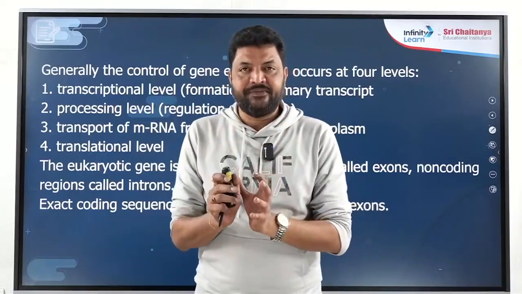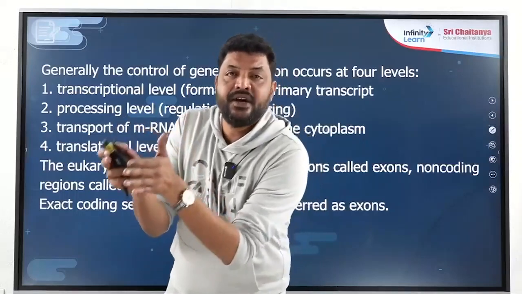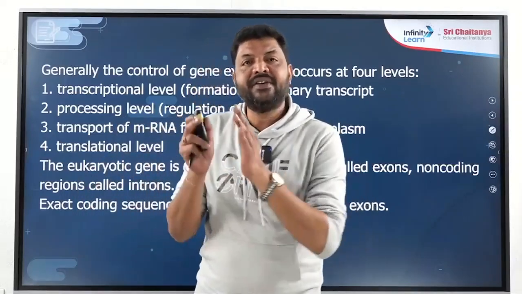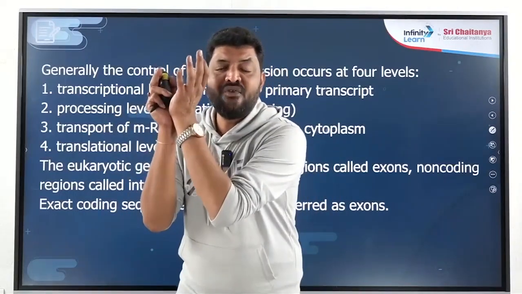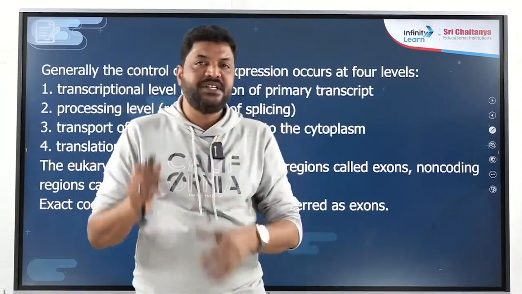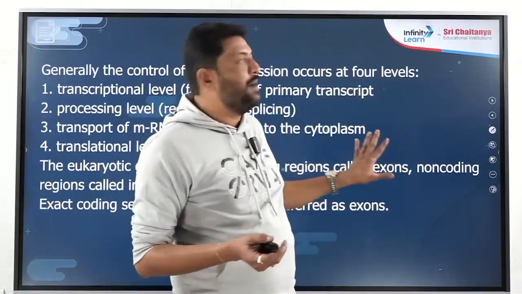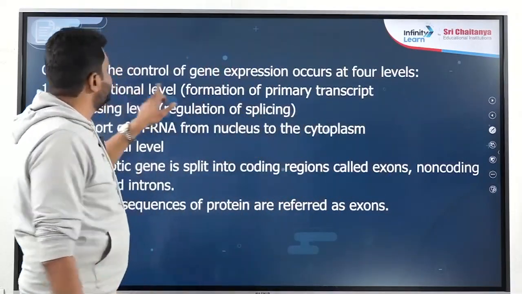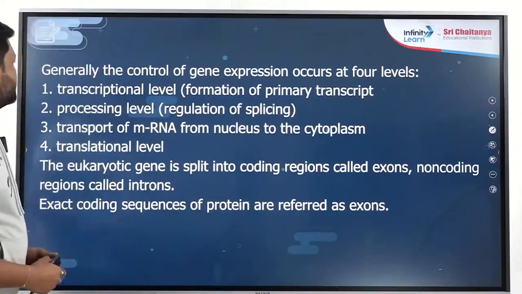Whenever the gene function is required, only then the gene has to produce mRNA. Whenever gene function is not required, it has to be switched off. Where the genes can be switched off, it will happen at 4 levels.